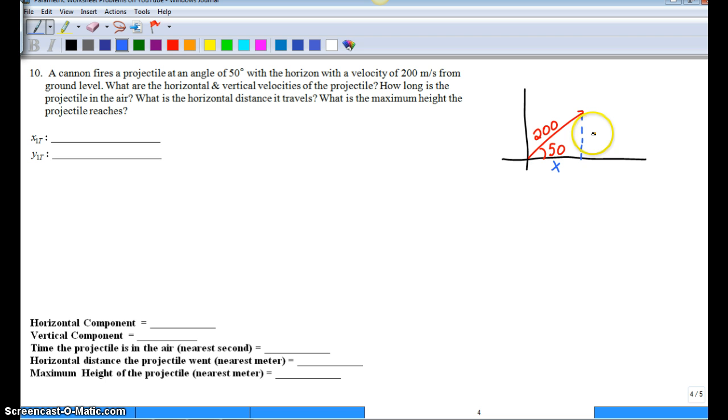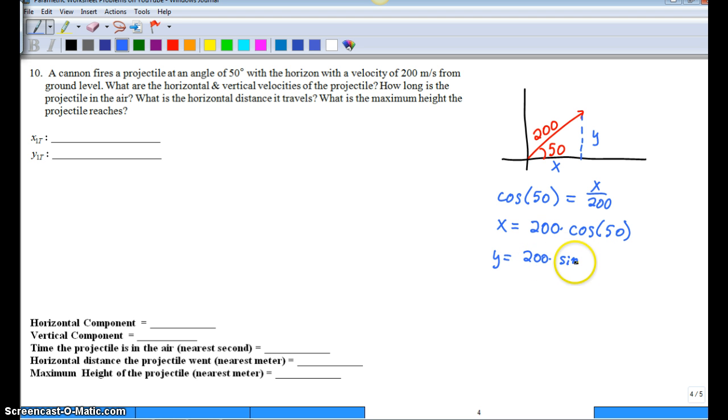So the x component here, y component here, and if we look at the cosine of 50, we get x over 200, which really tells us that the x component, the x portion of that 200 meters per second, is 200 times cosine of 50. Right? And our y is 200 sine of 50.